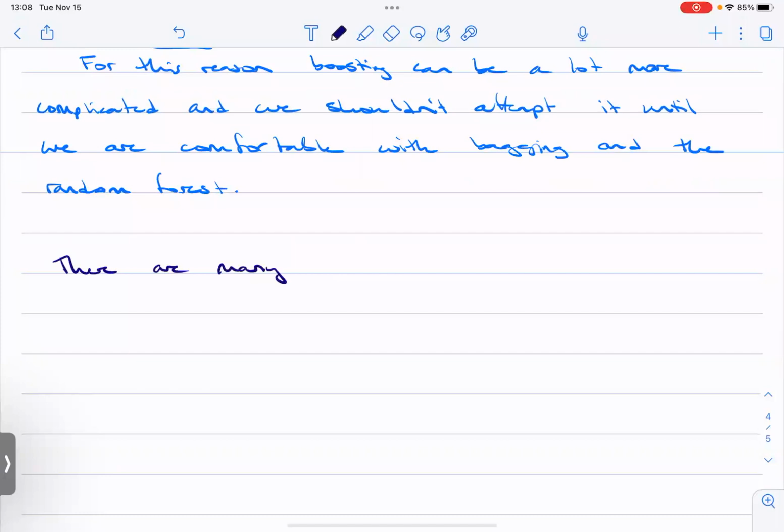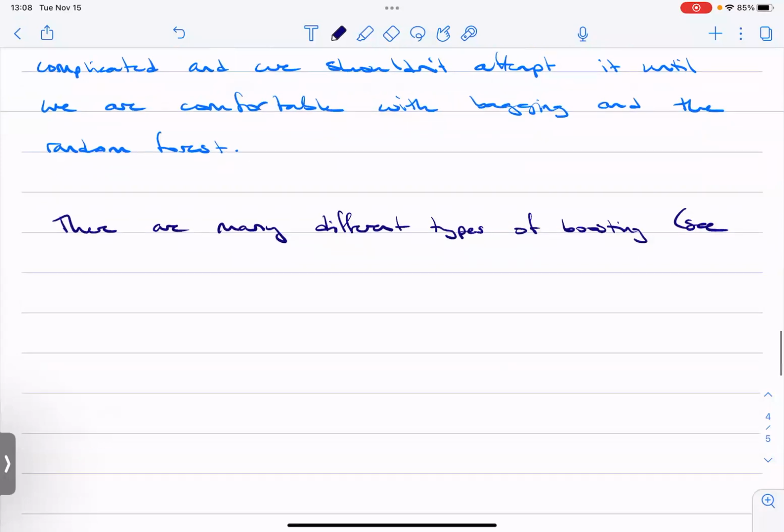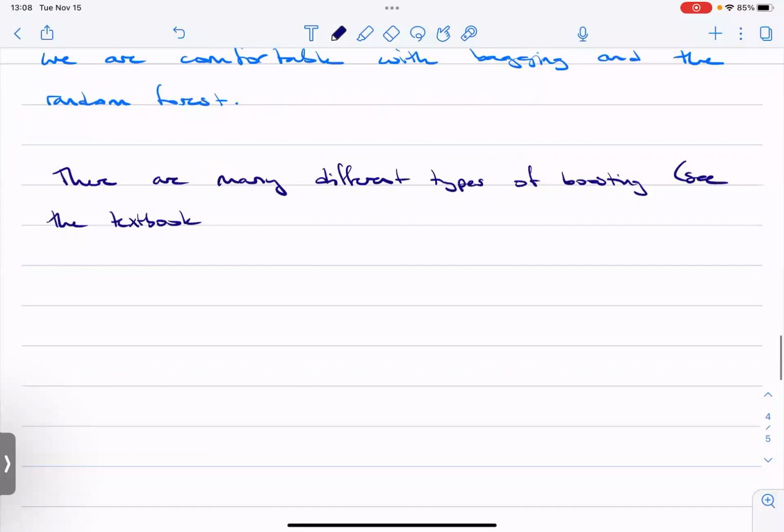There are many different types of boosting, and I do want you to get comfortable with the different types. So see the textbook for some examples. Mostly just definitions.